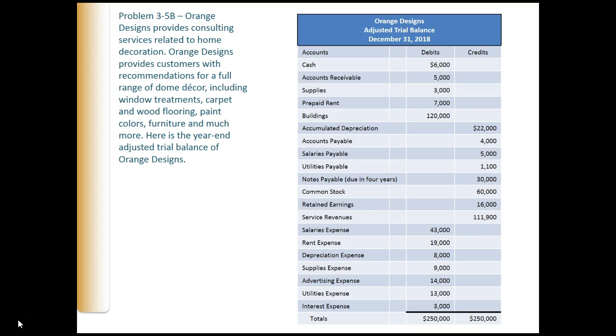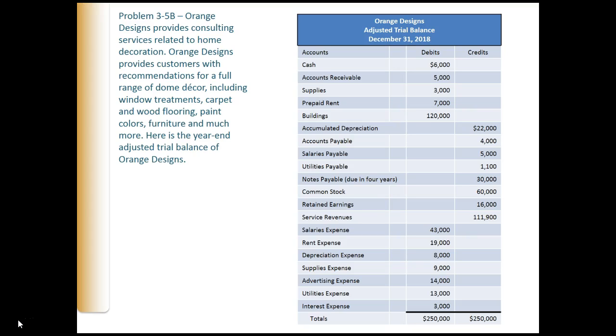So this is the adjusted trial balance after all adjusting journal entries have been made. You see at the top the assets are first, followed by the liabilities, followed by the stockholders' equity section.